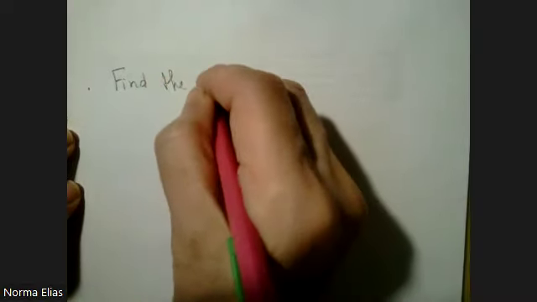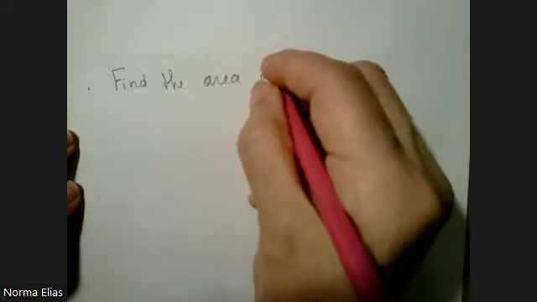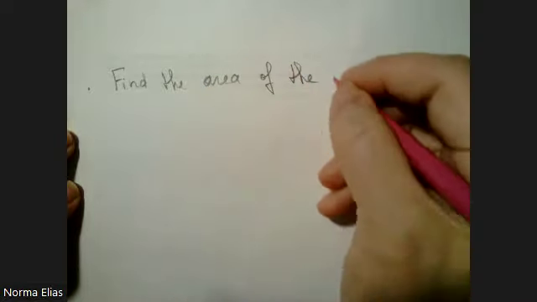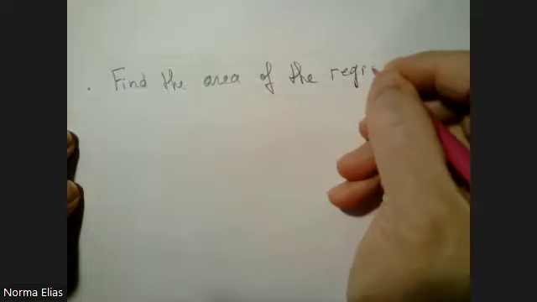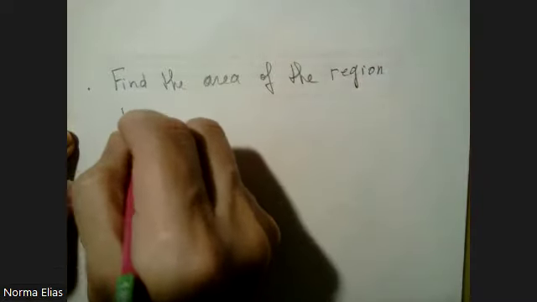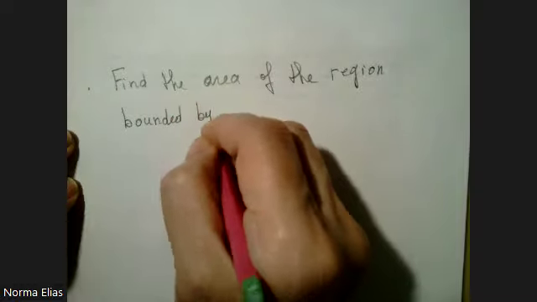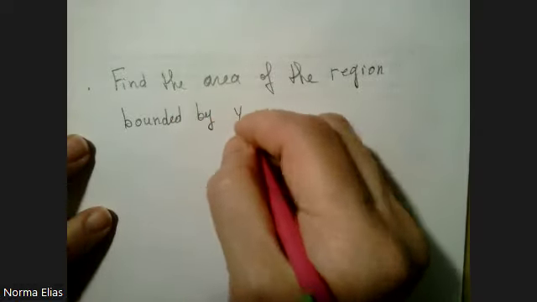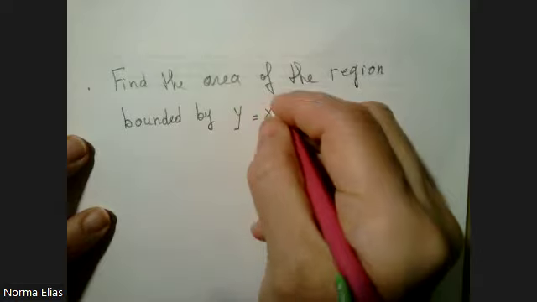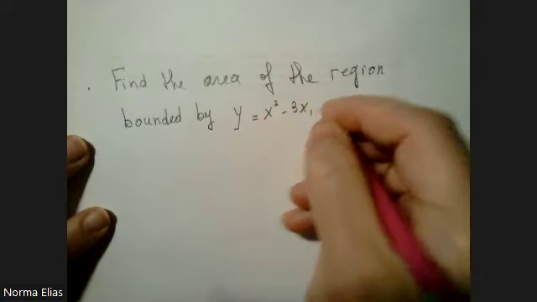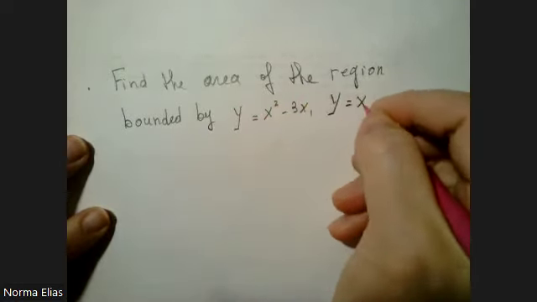So now suppose we tell you it's an easy problem, but let's understand it. Find the area of the region bounded by the graph of y equal x squared minus 3x, y equal to x.